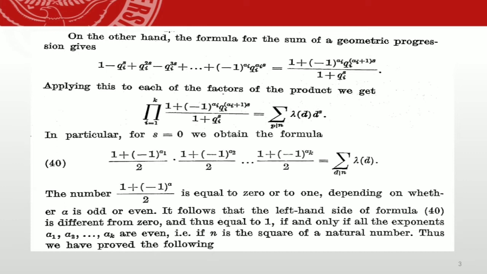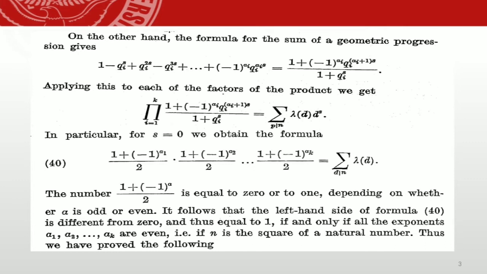And applying this to each of the factors of the product, we get, in particular, for s equal to 0, the formula. And the number 1 plus negative 1 to the power of a, divided by 2, is equal to 0 or to 1, depending on whether a is odd or even.